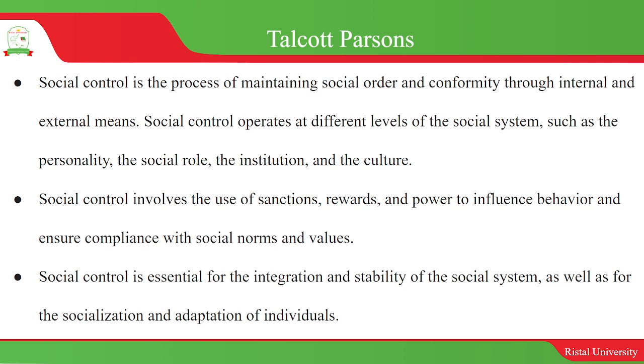Okay, still, he also agrees that social control involves punishing people, sanctions, rewarding people, and using power to influence their behavior, compliance with social norms, right? Okay, and social control is very important for the stability of the social system, okay, as well as socialization and adaptation.